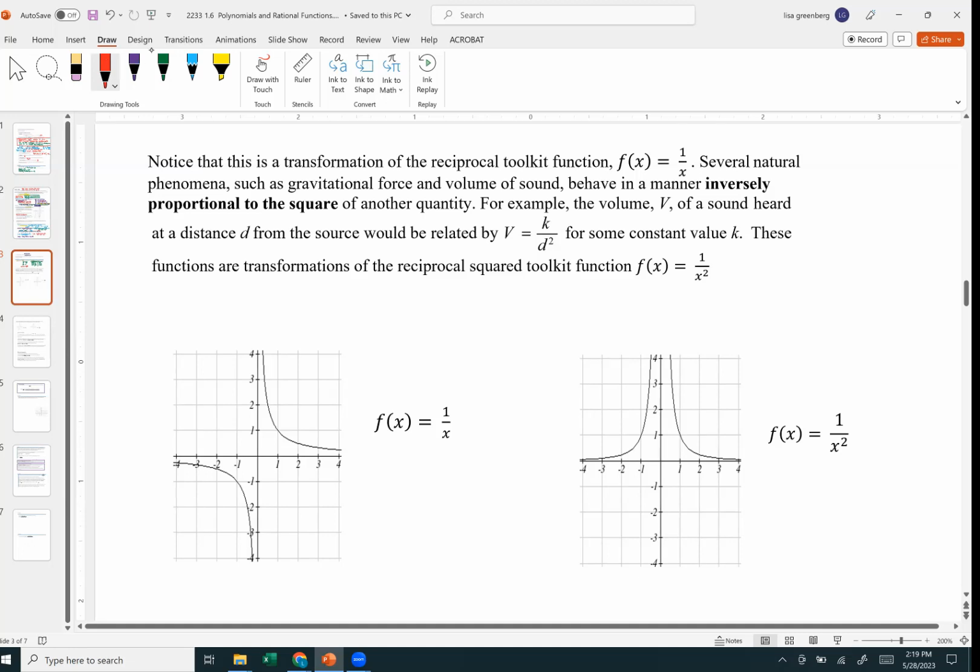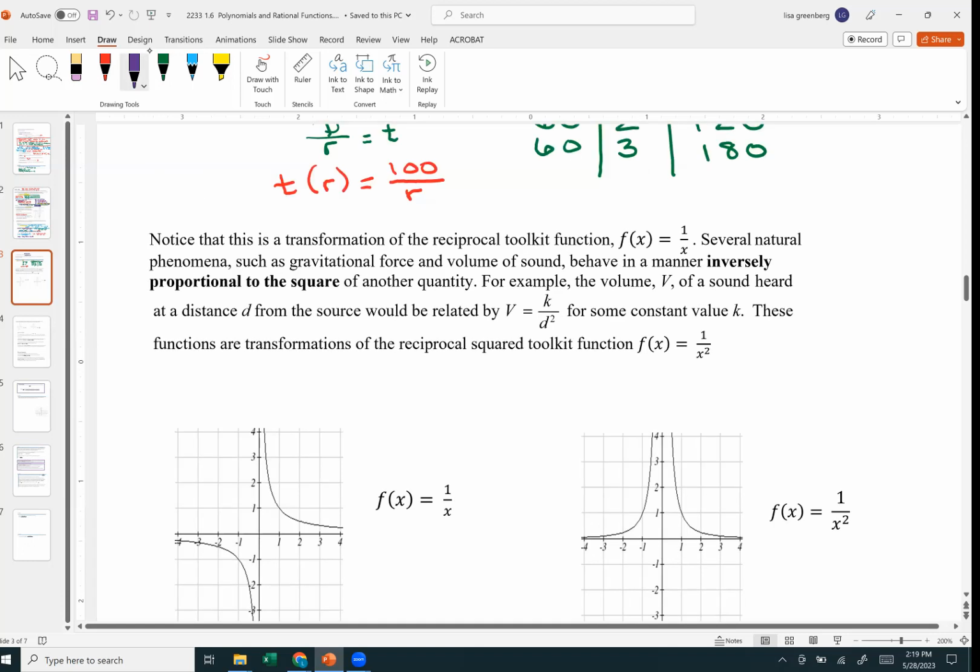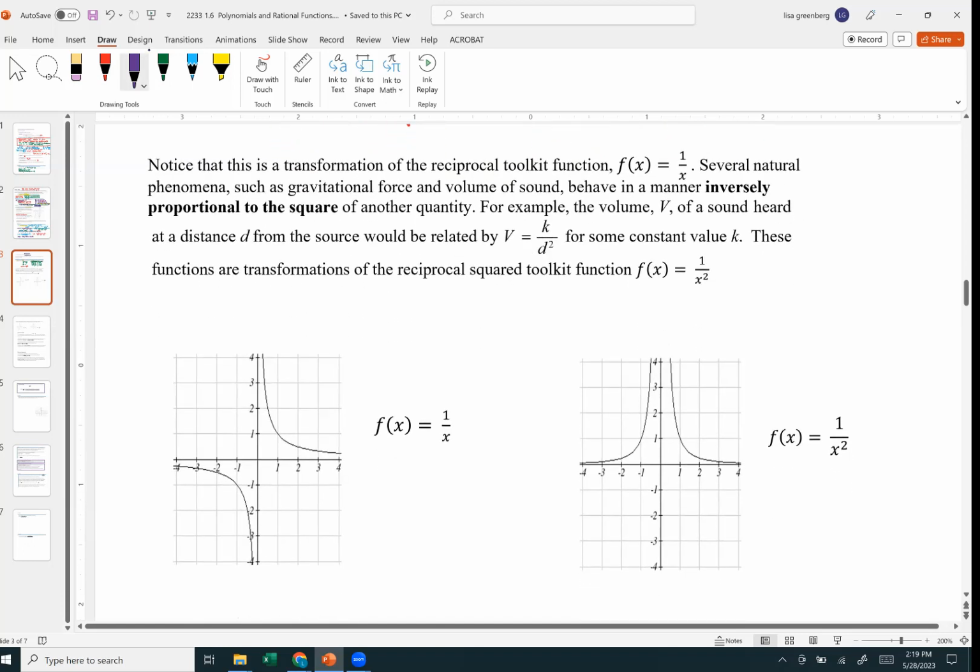So our function that we found is t of r equals 100 over r, which is really the same thing as saying 100 times 1 over r. So we can see that there's a vertical transformation of multiplying all the y values by 100.